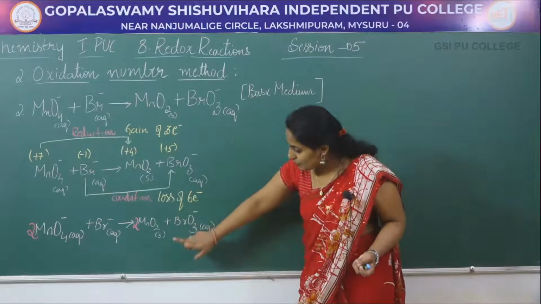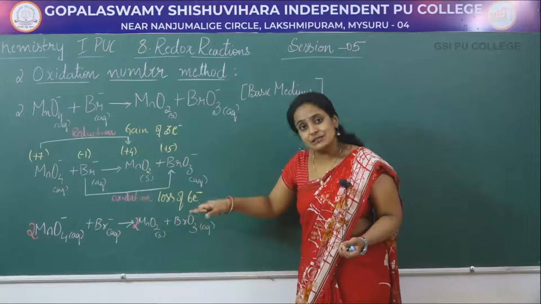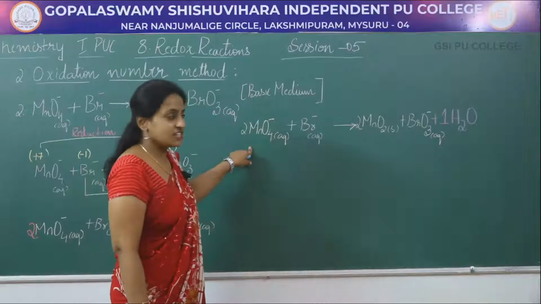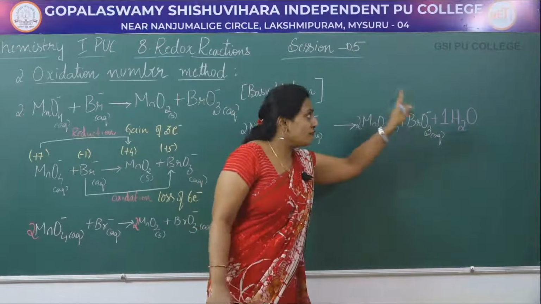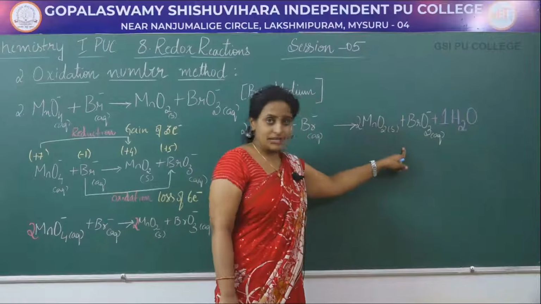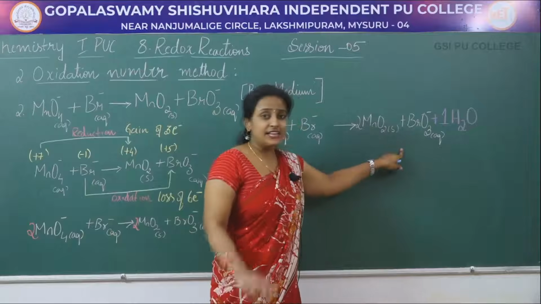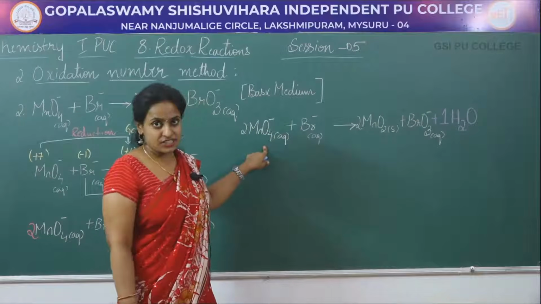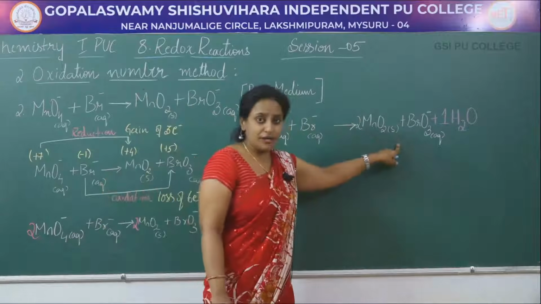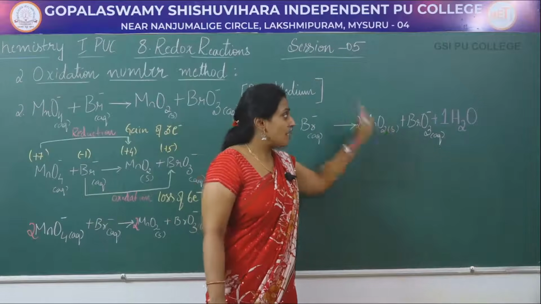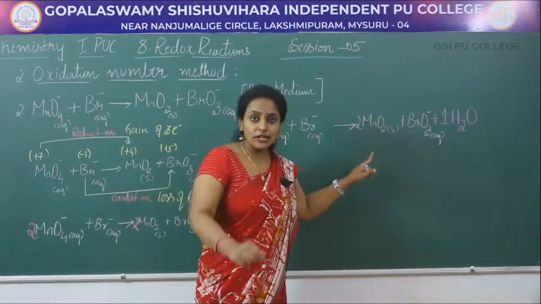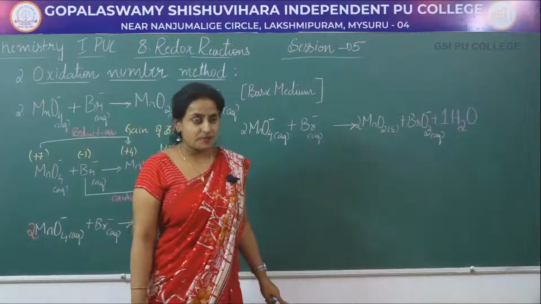Therefore, add 1 mole of water molecule to the product side. As in the product side there were 7 oxygen atoms and in the reactant side there were 8, there is a deficiency of 1 oxygen atom, so we have added 1 mole of water molecule to the product side in order to balance the oxygen atoms.